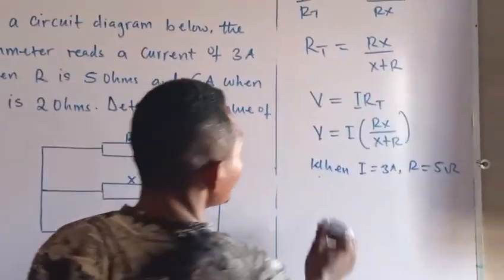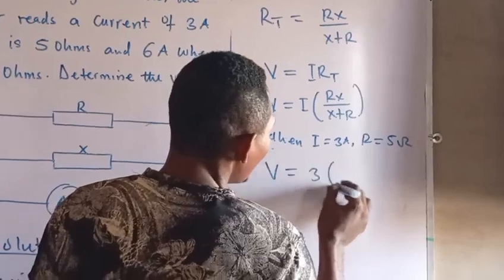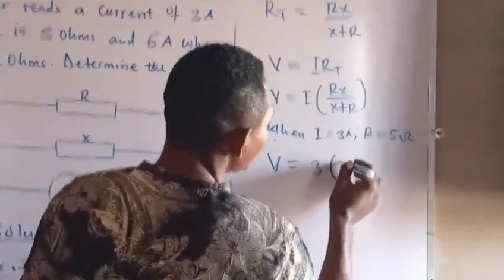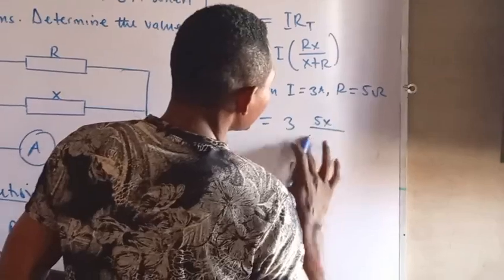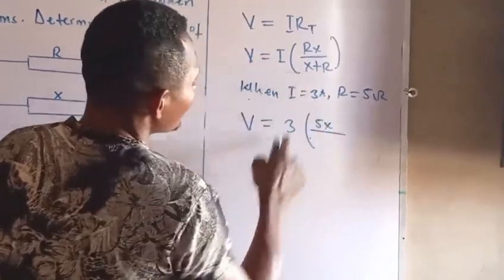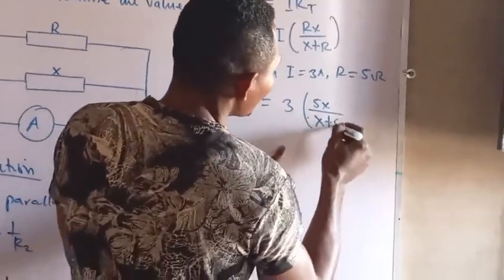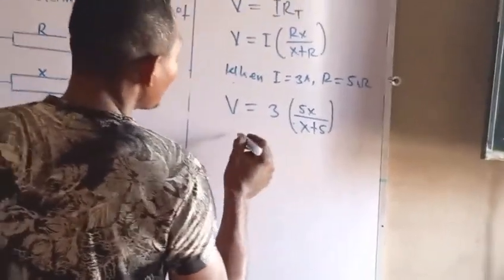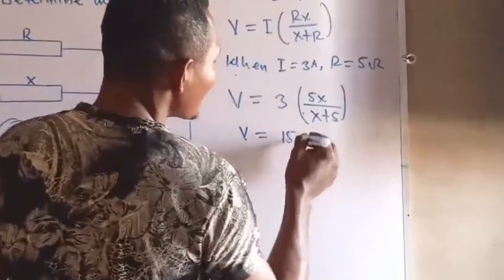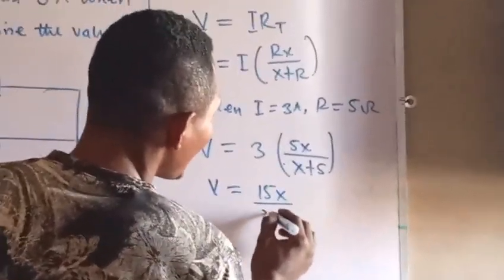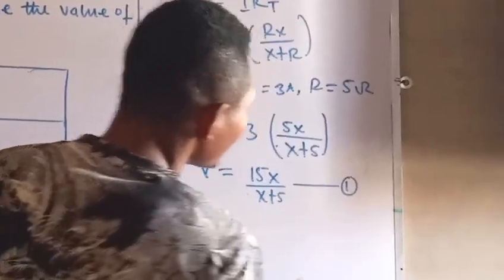So we can have V is equal to 3 into R, which is 5, so we are having 5 times X, which is 5X, over X plus R, which is 5 plus 5. Now, opening the bracket, V is equal to 15, that is 3 times 5x will give us 15x over x plus 5. This is equation 1.